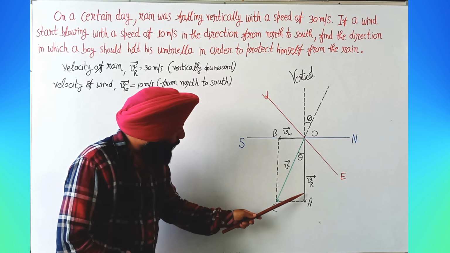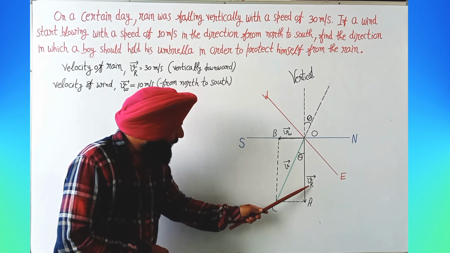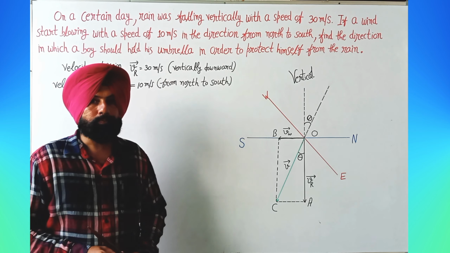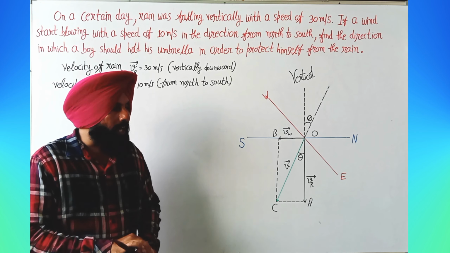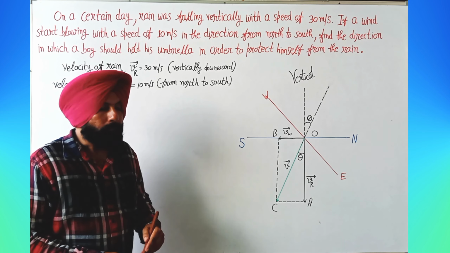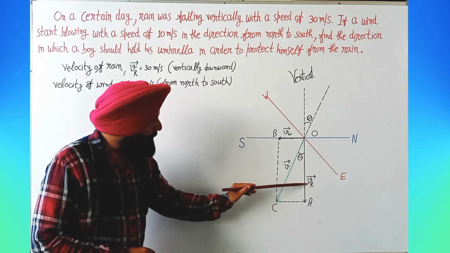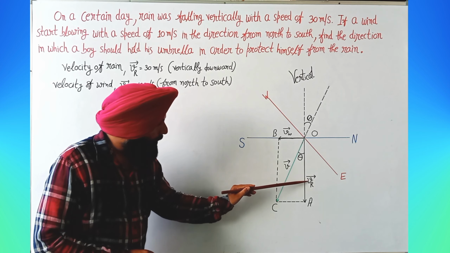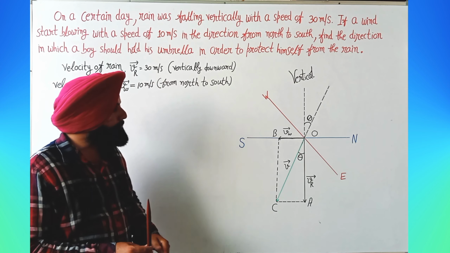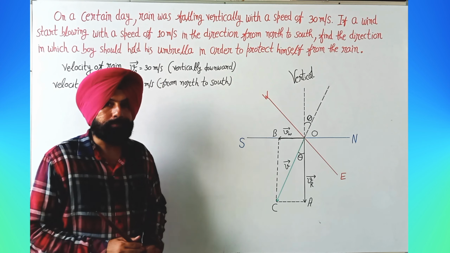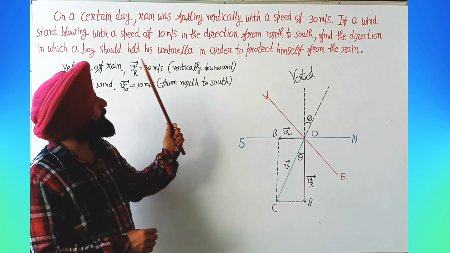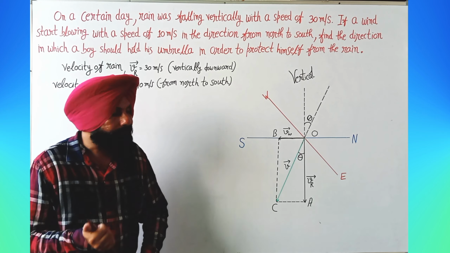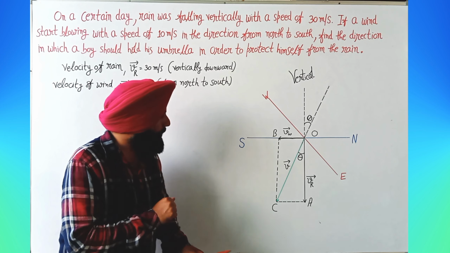Now in the downward direction, the vector VR represents the velocity of rain, that is 30 meters per second vertically down.